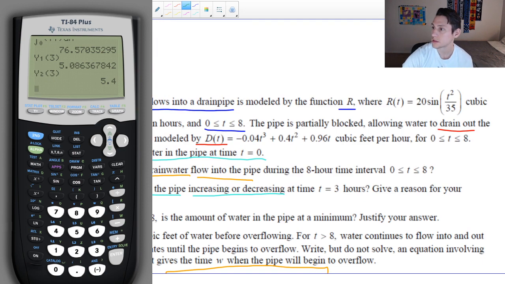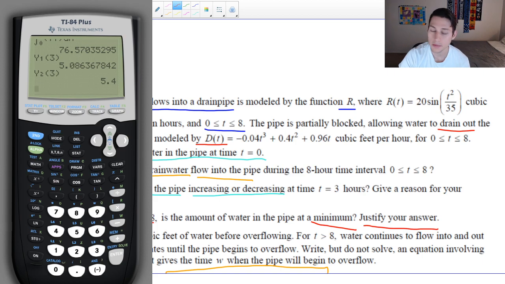Okay, let's go to part C. At what time t, 0 to 8, is the amount of water in the pipe at a minimum? Justify your answer. Okay, so if I'm trying to find a minimum on a specific interval, then I'm thinking about using extreme value theorem.